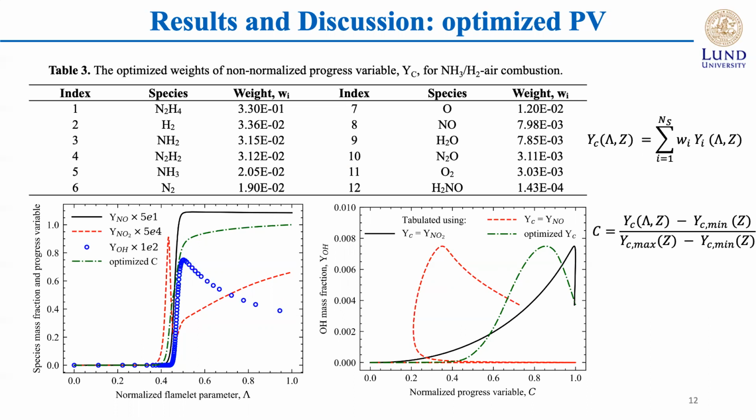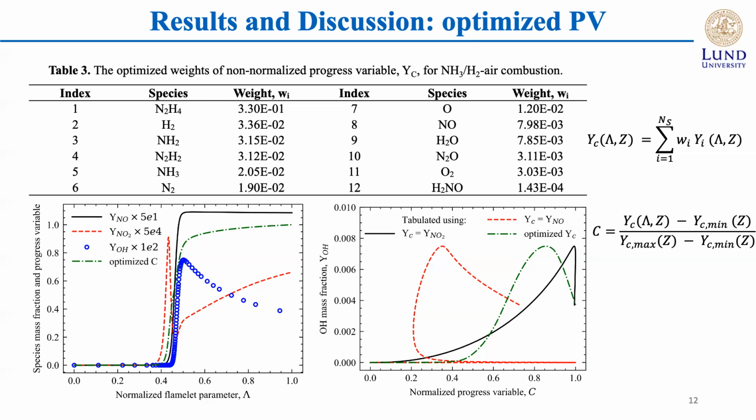The horizontal x normalized is a normalized flame parameter, which can be understood as the physical distance x. You can see that NO and NO2 are plotted. We will try to use these 2 mass fractions as progress variables to replicate OH, the blue circle.